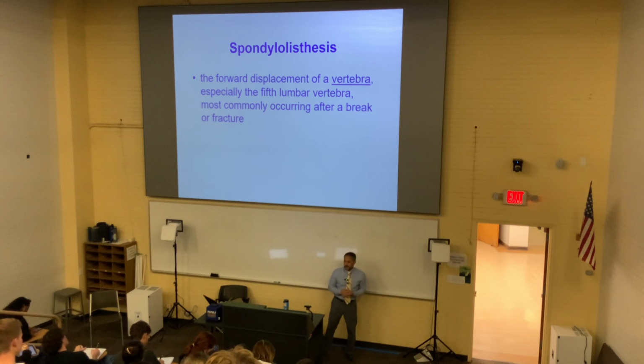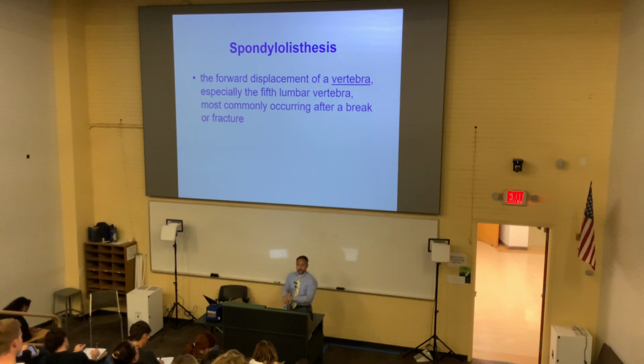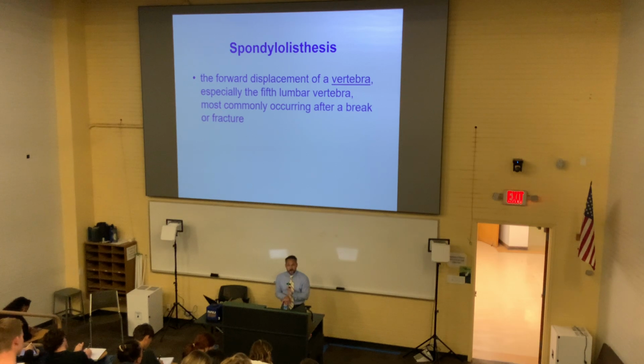So this is spondylolisthesis. Forward displacement, or the anterior displacement, of the vertebra that's superior. And it's very common in L5. It's most common L3 to S1, right? Often happens after a break.